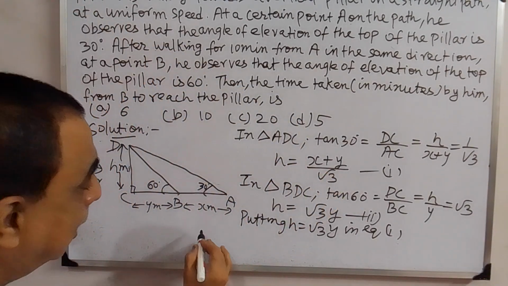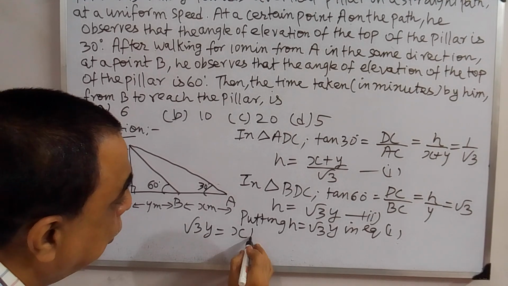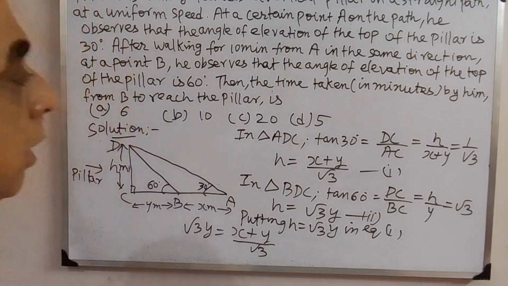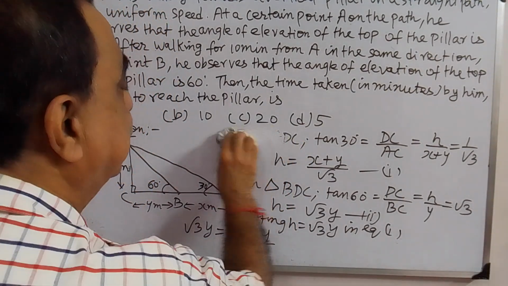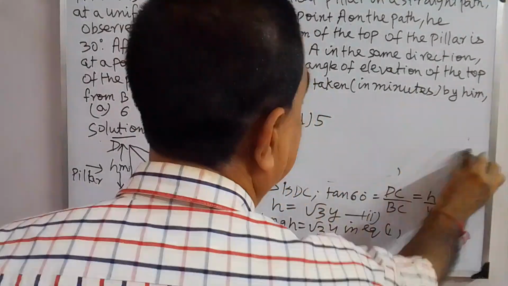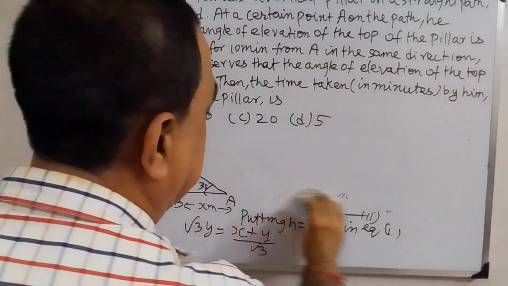So what we will have now? Root 3 Y will be equal to (X plus Y) divided by root 3. Now we have to solve this equation and express Y in terms of X, and from there we will get what is asked.